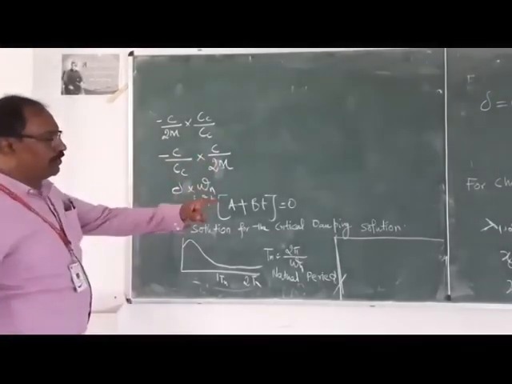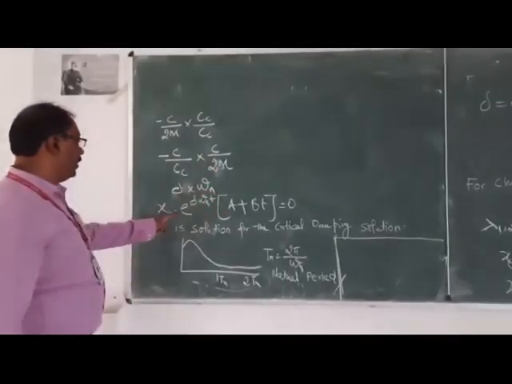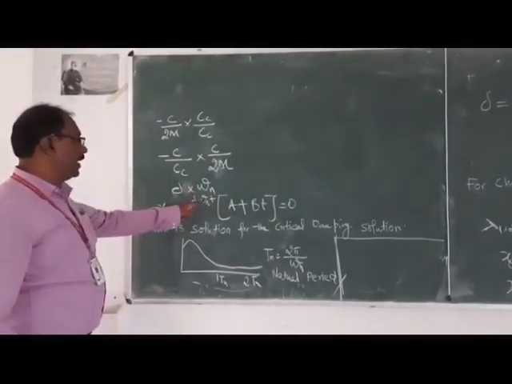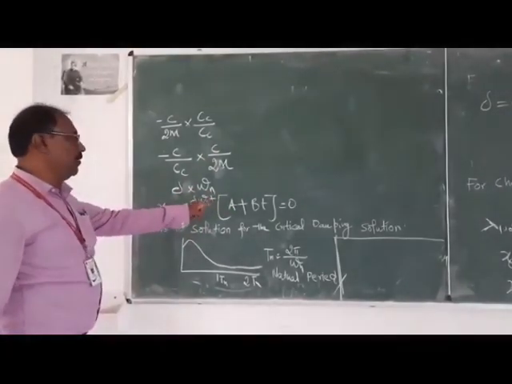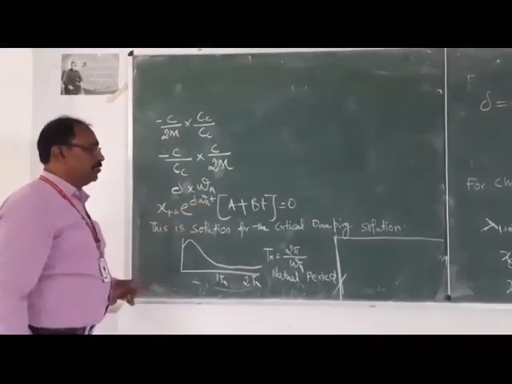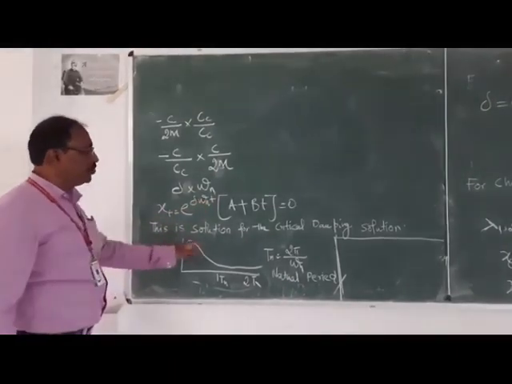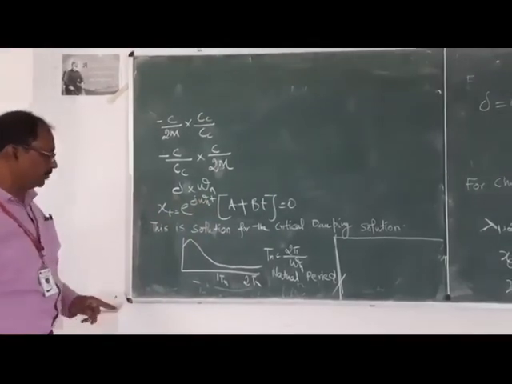Then equation 9 will become e to the power minus rho omega n t, within the bracket A plus Bt. This is the solution for the critical damping system.